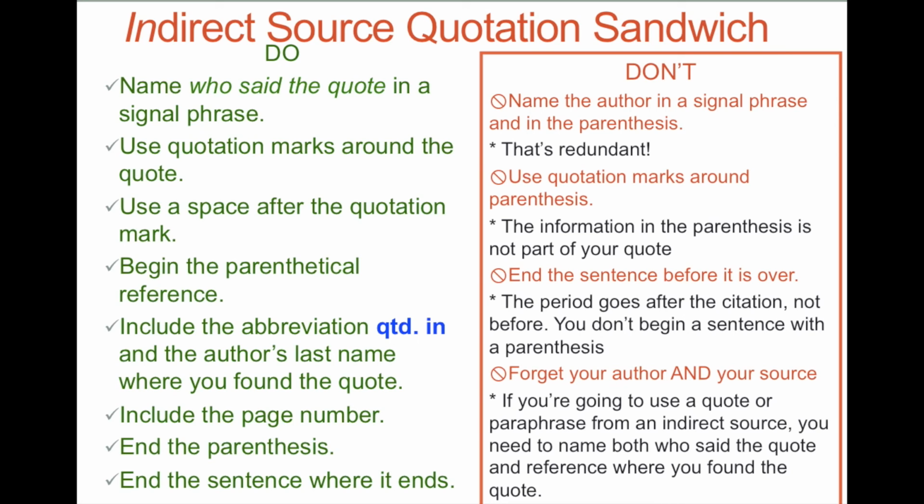Then you don't want to use quotation marks around the parentheses. There are usually no parentheses in your quotes, so don't put the information in quotation marks. Then you don't want to end the sentence before it's over. The period goes after the citation, not before. You don't want to begin a sentence with a parentheses.